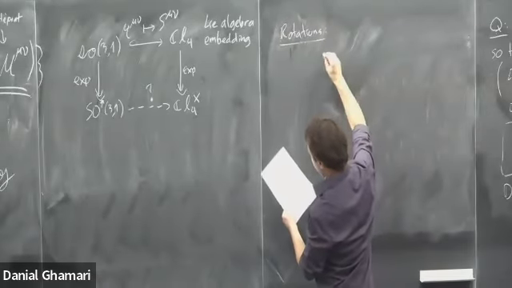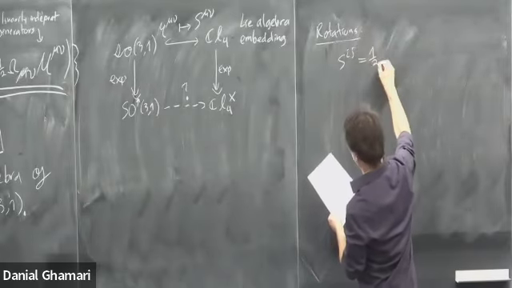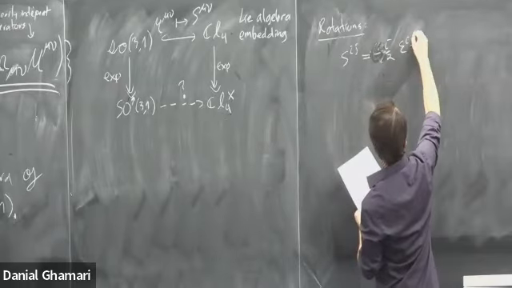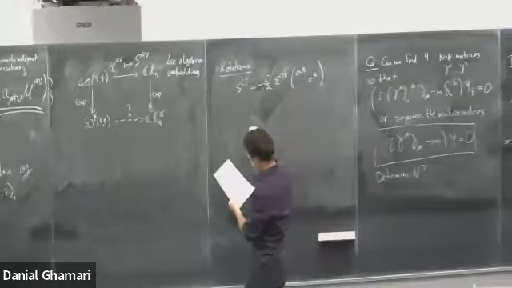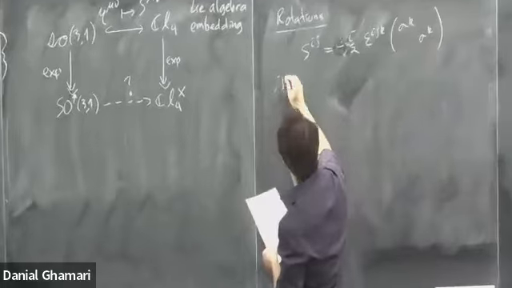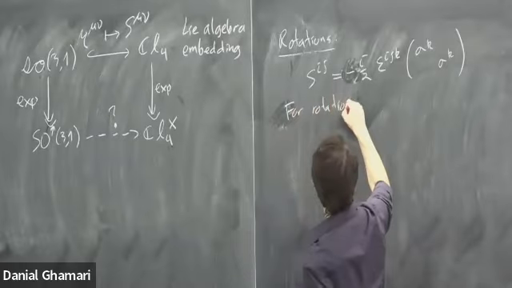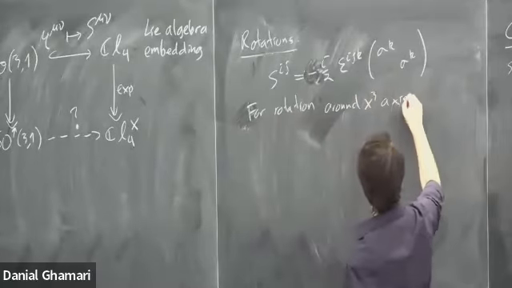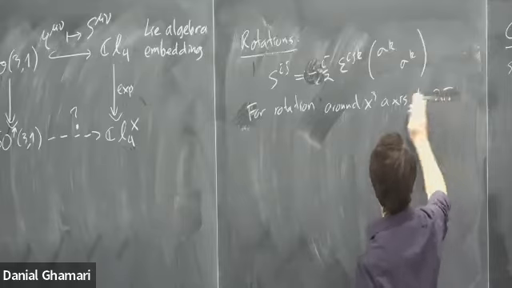These correspond to S_ij, a rotation, and the S_ij gets represented by the following matrix: negative i over 2 times the Levi-Civita symbol times sigma_k, meaning that if you take the appropriate coefficients, for a rotation around the x3 axis by 2π, well, just two by this, two by this.